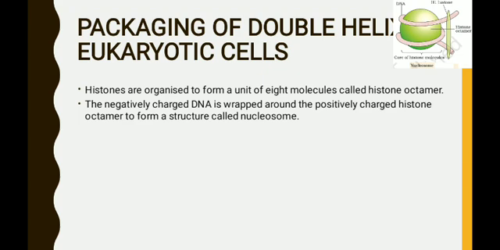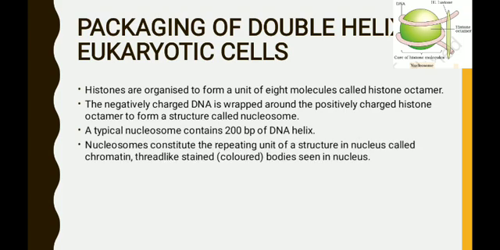A typical nucleosome, that means octamer with coiled DNA, contains nearly 200 base pairs of double helix. That means the length of the DNA coiled around that octamer is around 200 base pairs.